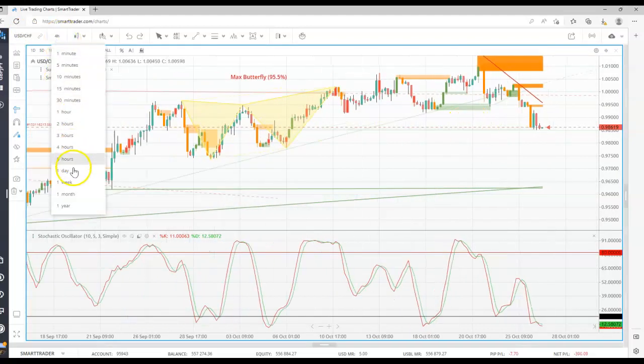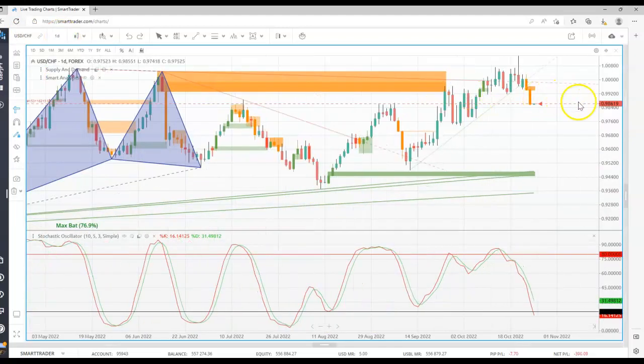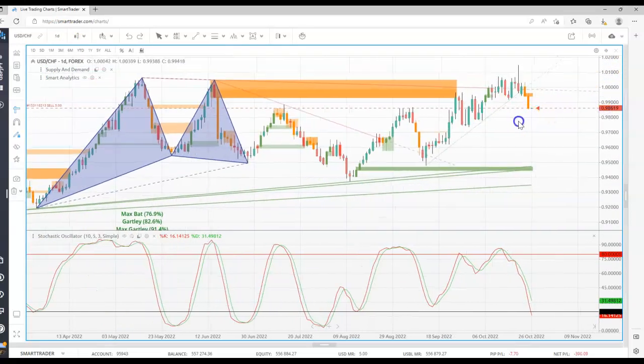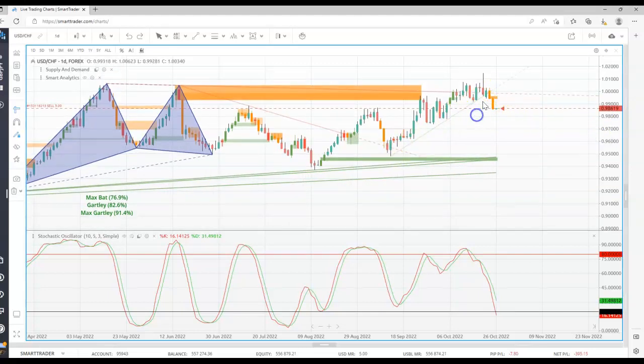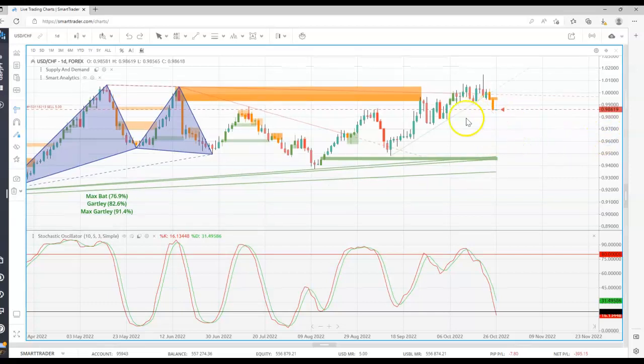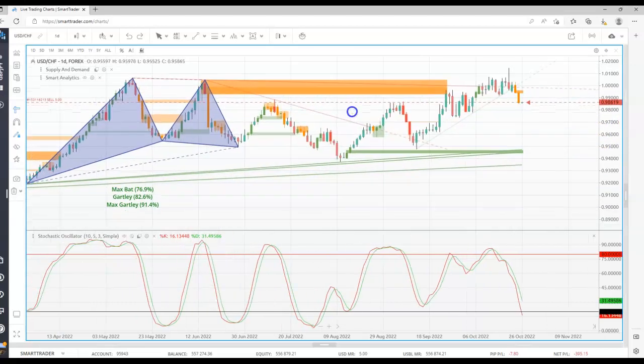Okay, and again, when you trade off the daily chart, it's an extremely powerful time frame to trade, especially if a trend line is broken off a daily chart. You're going to see at least a 100, 200 pip move, and possibly a 2 to 3 week move to the downside. In this case, here's a trend line in the opposite direction.